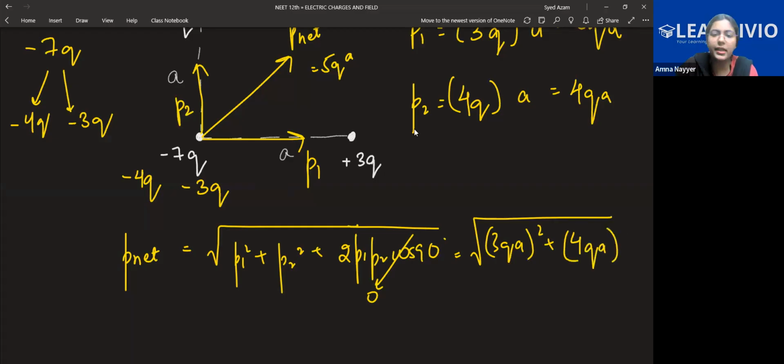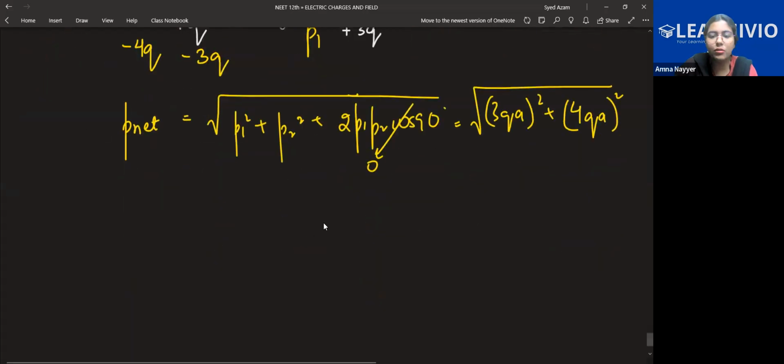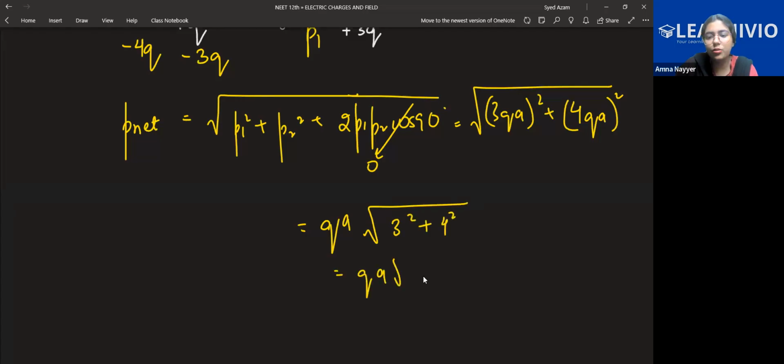This is forming a Pythagorean triplet. So your QA will come out and you will be left with under root 3 square plus 4 square. So this is QA into root 25, which is equal to 5QA. This is the final answer.